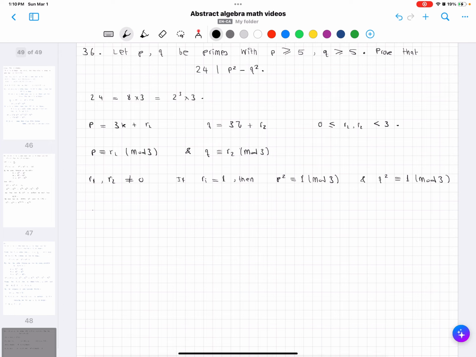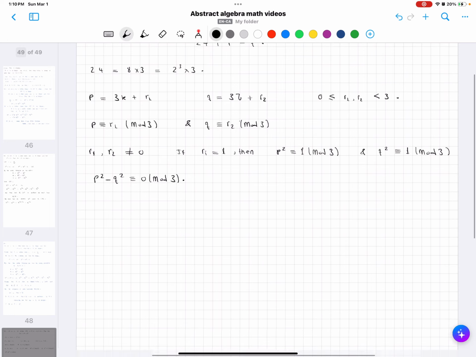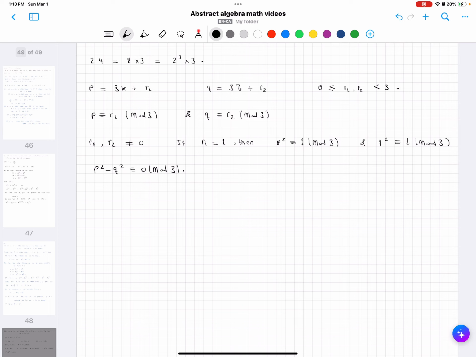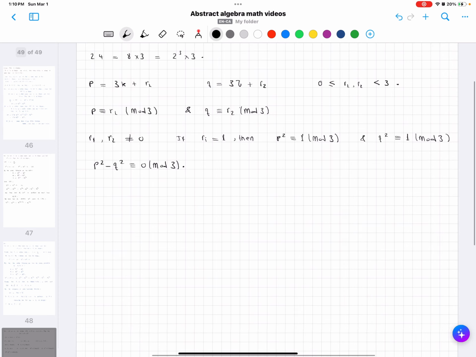So then P squared minus Q squared is congruent to 0 mod 3. Okay, so that's good.